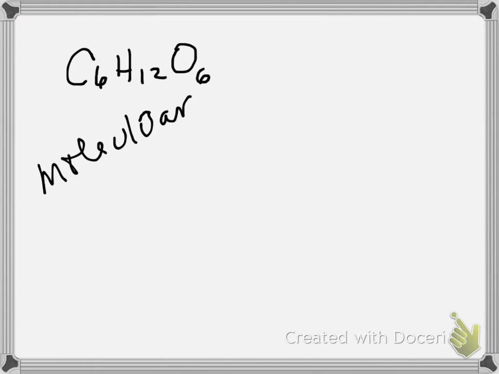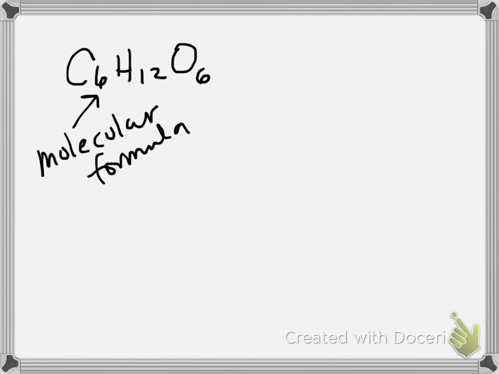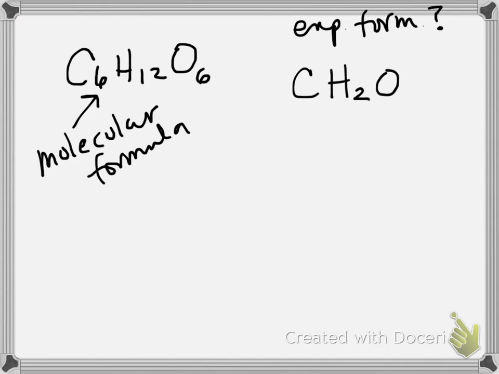What's the empirical formula for glucose? CH2O. So basically it's carbon and water.